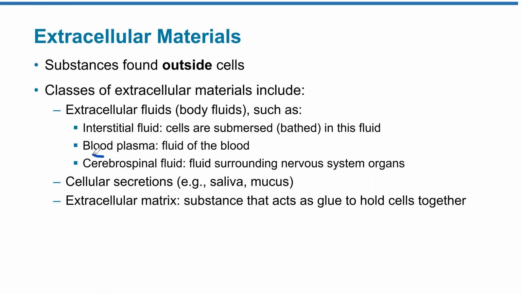Blood plasma, the fluid of the blood, and cerebrospinal fluid, the fluid surrounding nervous system organs. Extracellular materials also include cellular secretions, such as saliva or mucus, and extracellular matrix, a substance that acts as glue to hold cells together.